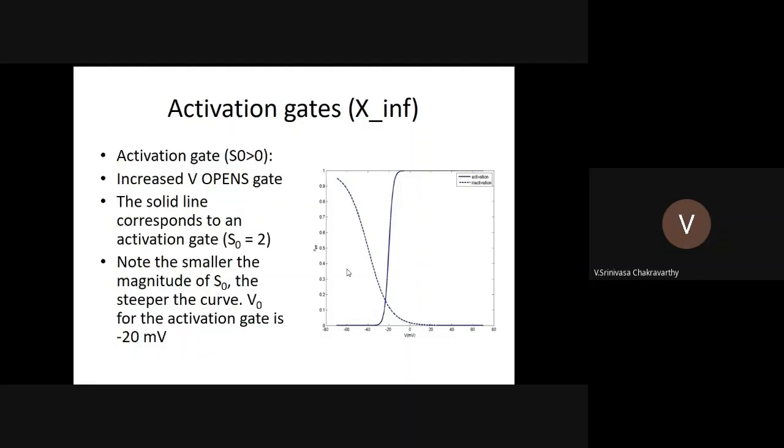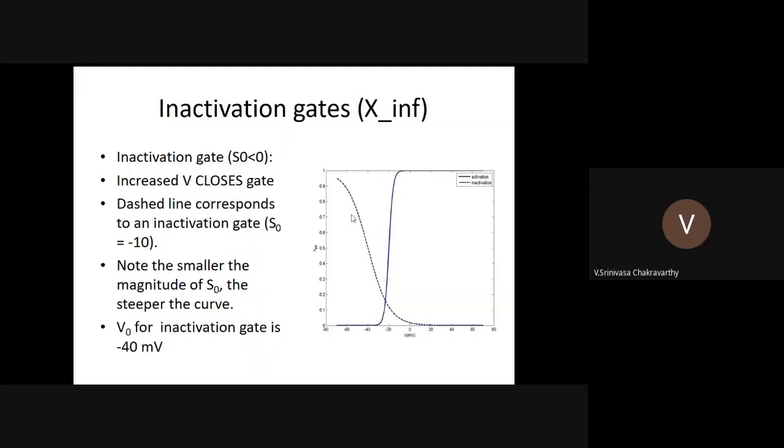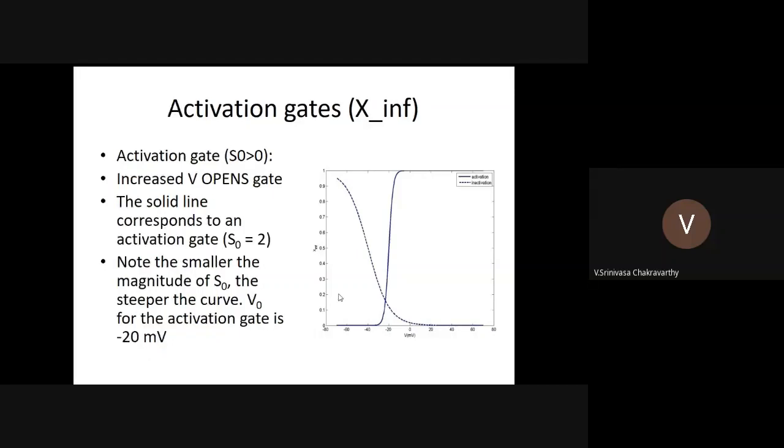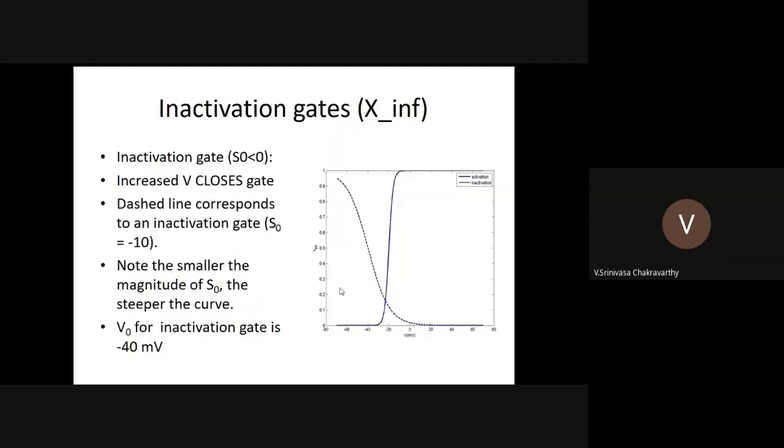What that means is, when S naught is positive, channels open when you increase the membrane voltage. When S naught is negative, channels close when you increase the voltage, like shown in this dashed curve. So channels that open when you increase the voltage are called activation gates or activation channels, and channels that close on increasing the voltage are called inactivation gates or inactivation channels. There's a little distinction between gate and channel. We'll come to that towards the end of the talk.